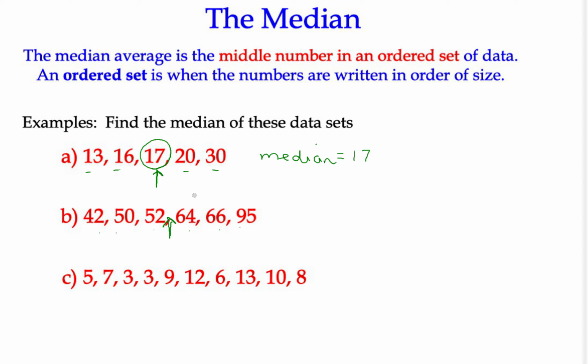So sometimes the median is not pointing at a number, and what we have to then do is find out what's in between 52 and 64. What's halfway between 52 and 64? Well, there's 12 of a gap between the two, so half of 12 is 6. So we're looking at 6 more than 52. The median is 58.